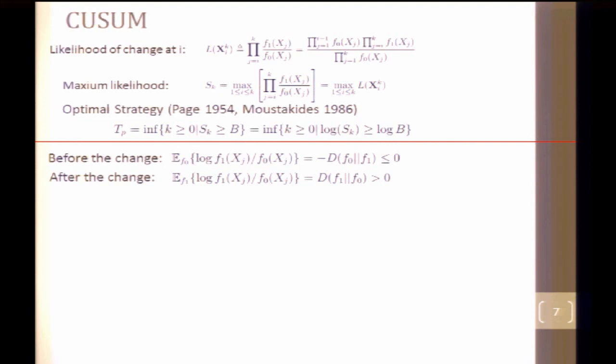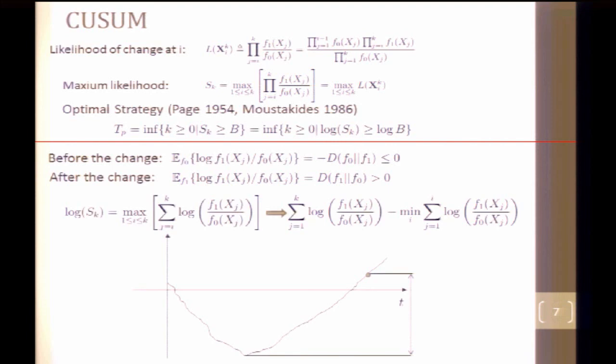So before the change, the average is going down. After the change, it is going up. If we plot the sum of these random variables, initially it goes down, and after some time, if there's a change, it goes up.